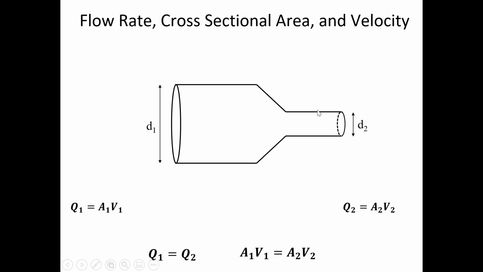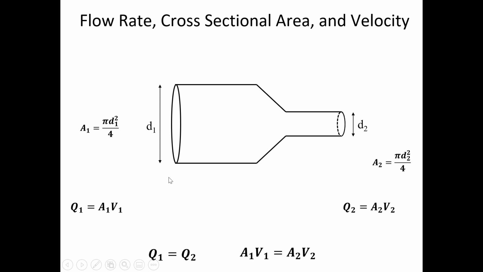So they can be different diameters. We can calculate the cross-sectional area from the diameter because the area is pi d squared divided by 4. Pi d squared divided by 4 gives us the cross-sectional area.